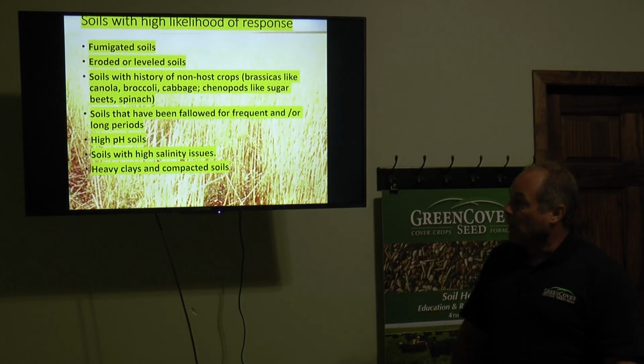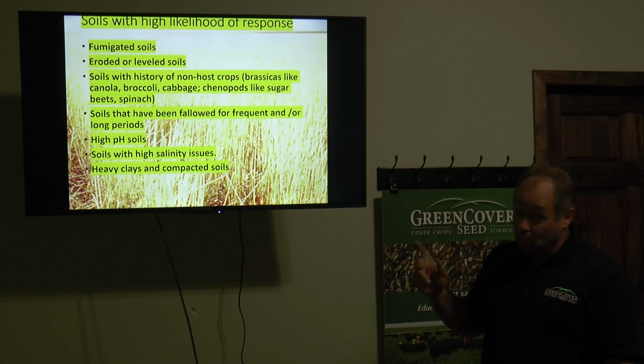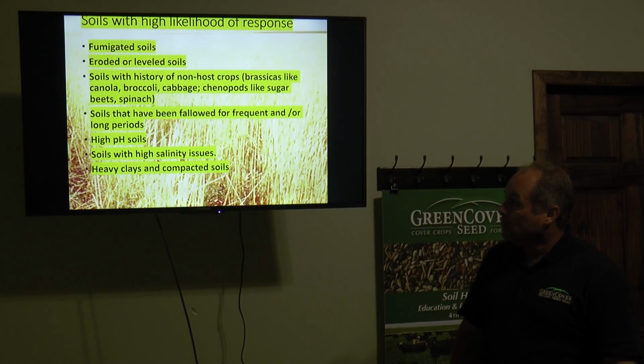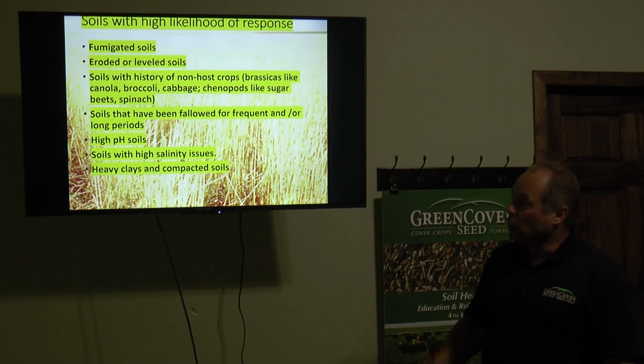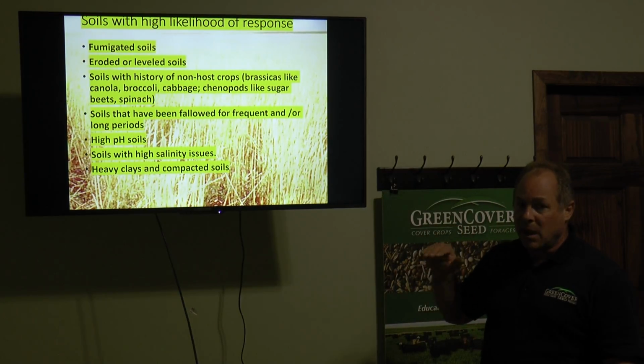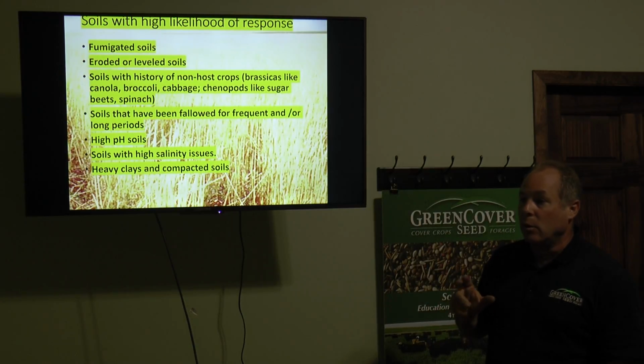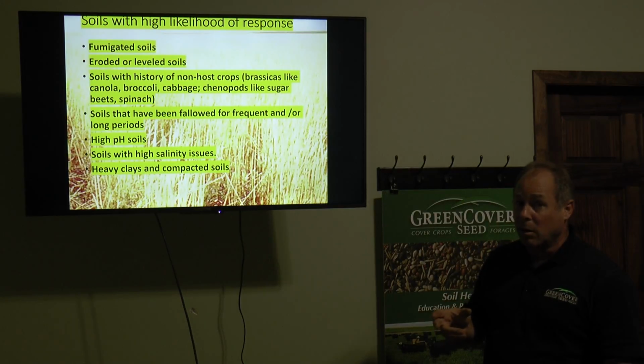And of course, heavy clays and compacted soils, they really benefit from the glomalin. And the mycorrhizal fungi, the hyphae, are able to exert about 10 times the PSI of a root. Roots are usually unable to exert a pressure high enough to push past about 300 PSI, which is about the upper limit.